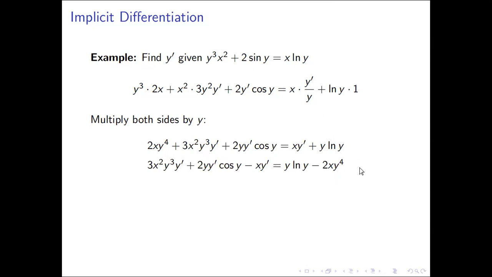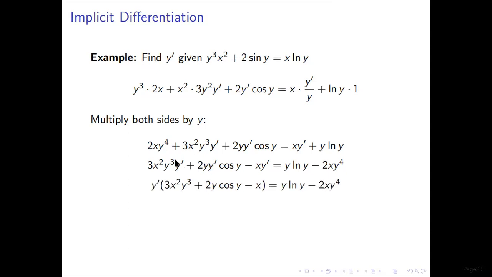Those without y prime on one side, and then here, those with y prime. And the reason for doing so is that we can isolate y prime by factorization of y prime, which I will just show here, although you can omit this step once you're familiar with the process.